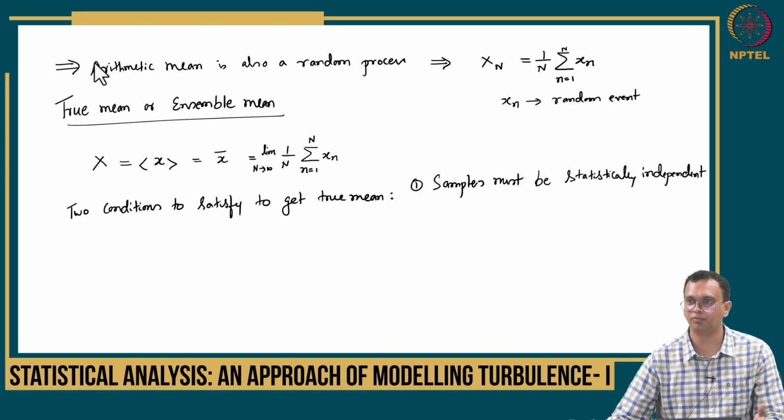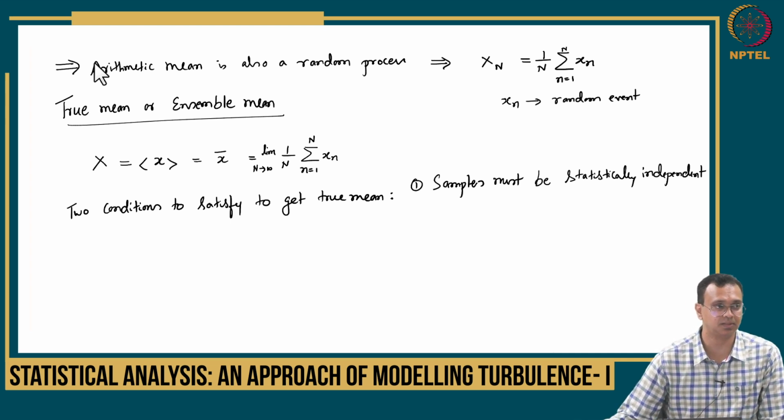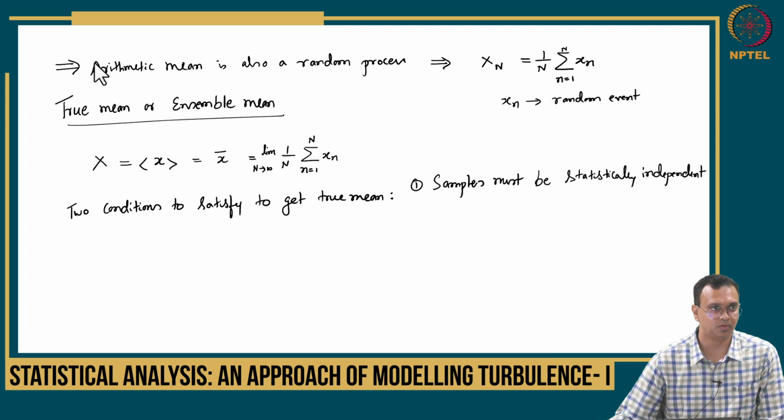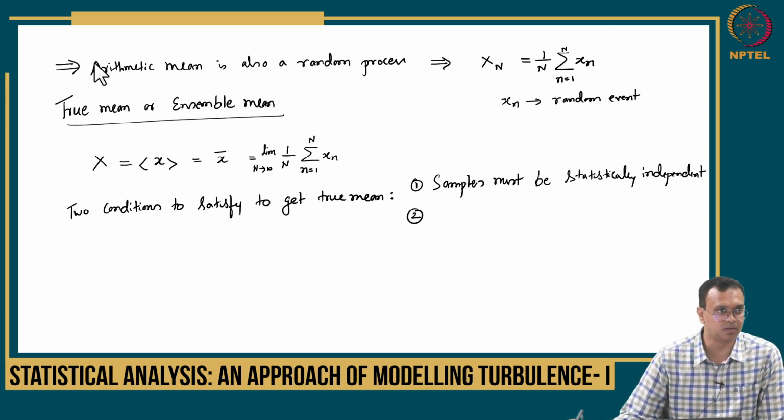So let's say you often see in literature experimental data coming from one book, and then you see experimental data coming from another book, and there is a small variation. One is done, let's say, in India, and the other, let's say, in Europe, right. So the ambient conditions have changed, maybe the experimental setup has changed. Even if you use the same experimental setup, the person doing it is different. So there are so many things that are going to change here. So getting statistically independent samples is not possible, okay. That is the one problem with getting a true mean or an ensemble mean.